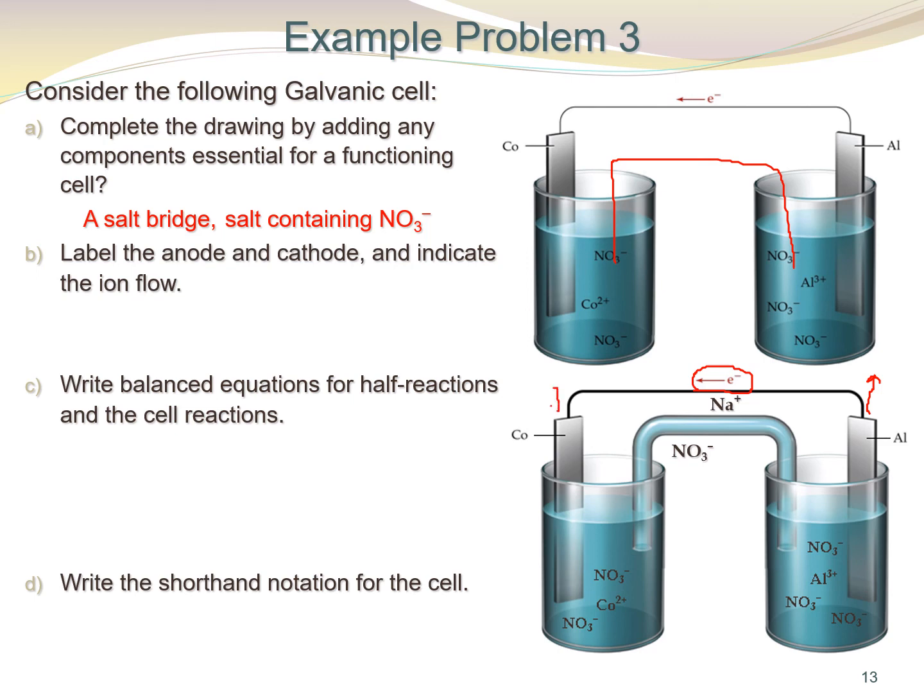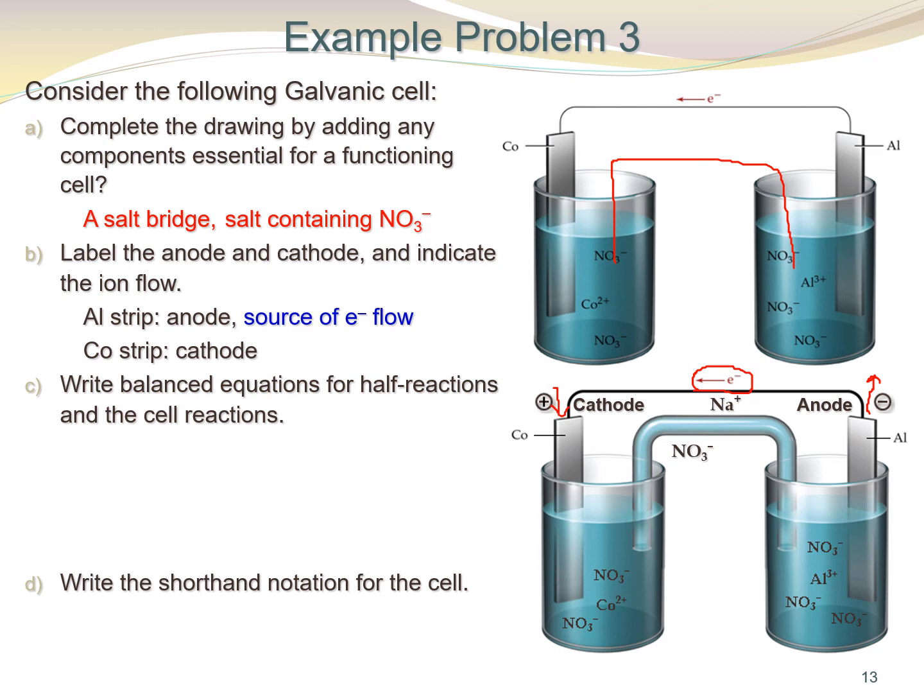Cobalt is where the electron goes in. Electron coming out makes aluminum the electron source. Electron source, it must be the anode. And cobalt must be the cathode, of course. And this is how we can determine those electrodes.